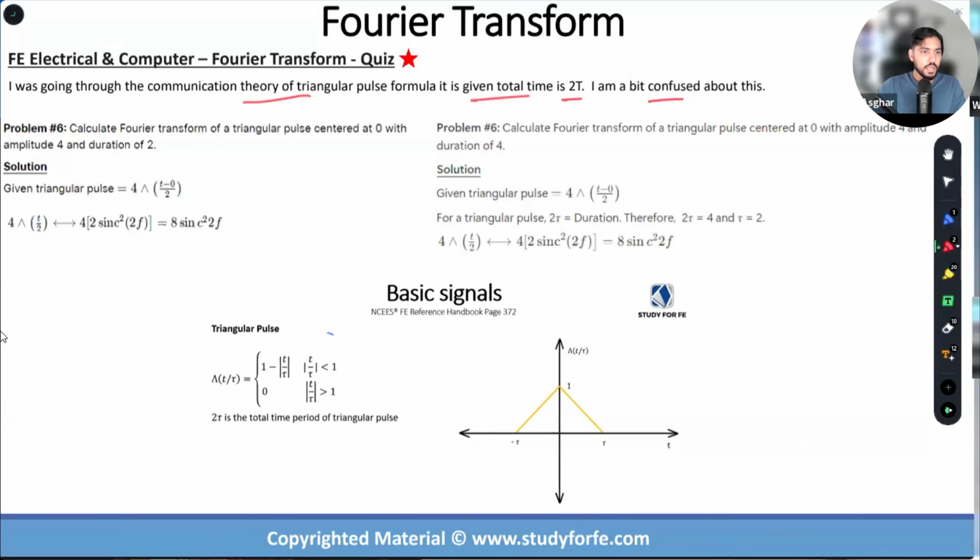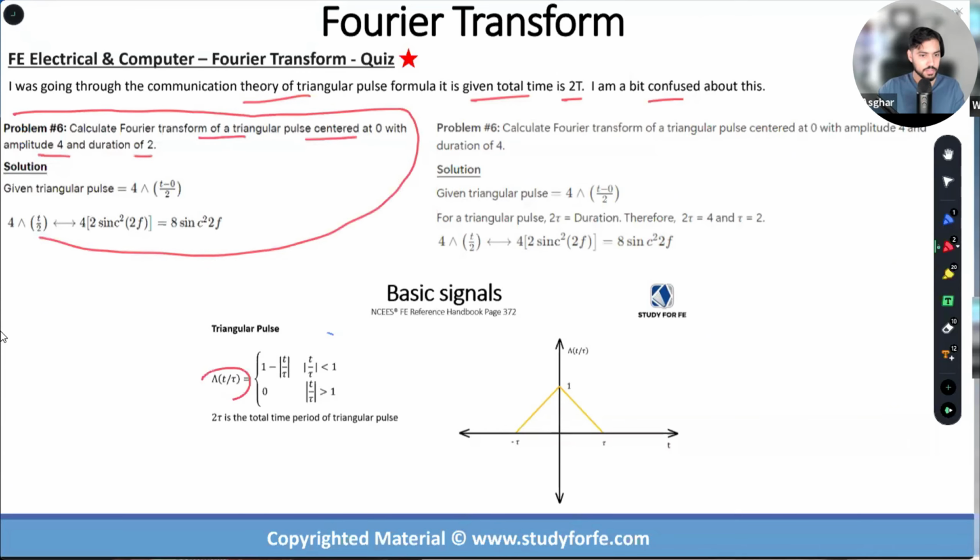If I look at this problem, I'm calling it problem number 6: calculate Fourier transform of a triangular pulse centered at 0 with amplitude of 4 and duration of 2. So we know that this is how a triangular pulse is defined, and 2 tau, this is from the lecture notes, is the total time period of the triangular pulse.